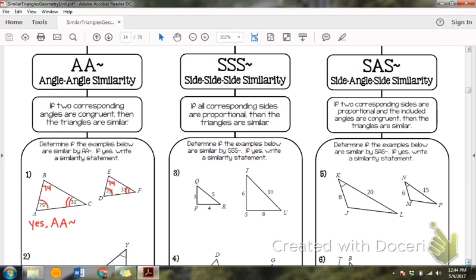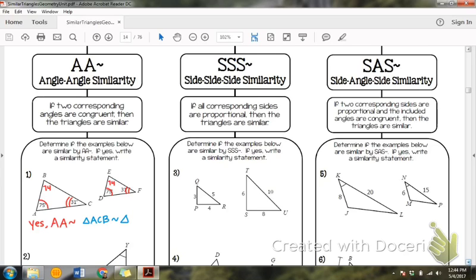And then it says, if they are similar, write a similarity statement. So a similarity statement means matching up the angles with the correct angles. So if I said triangle ACB is similar to triangle what? What would you say there?